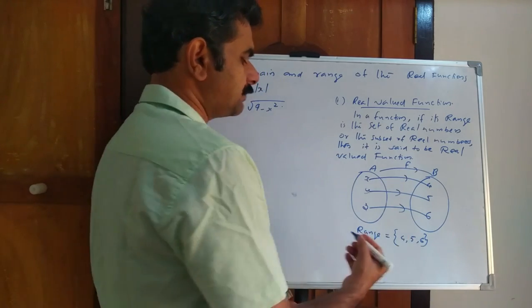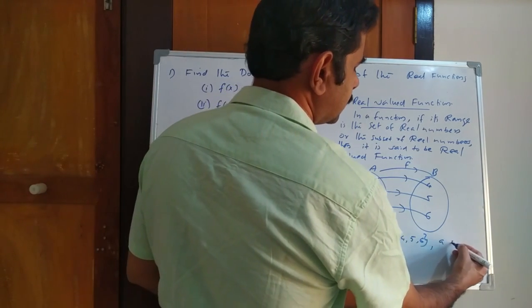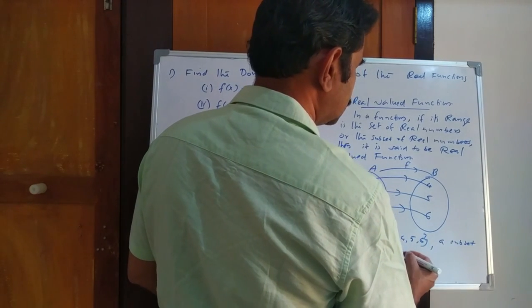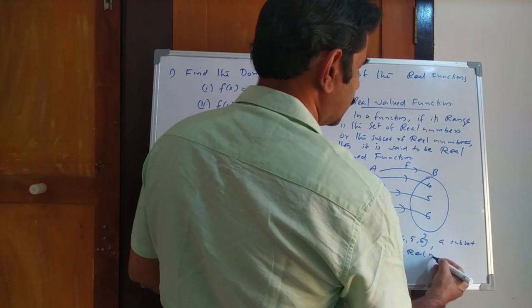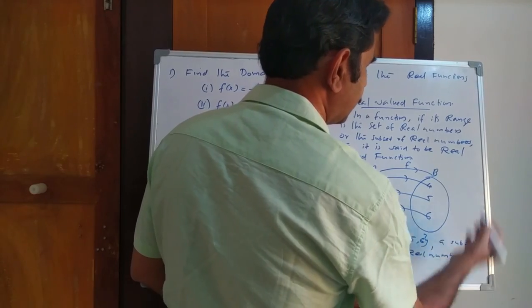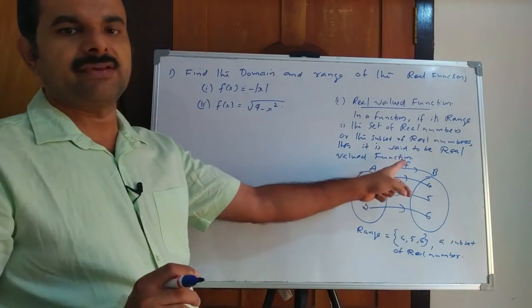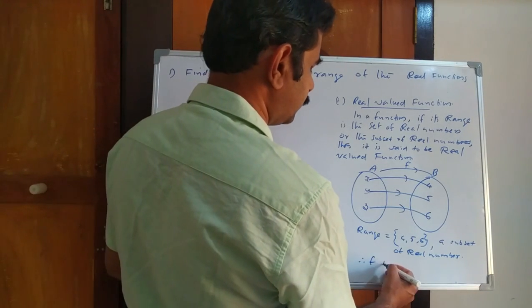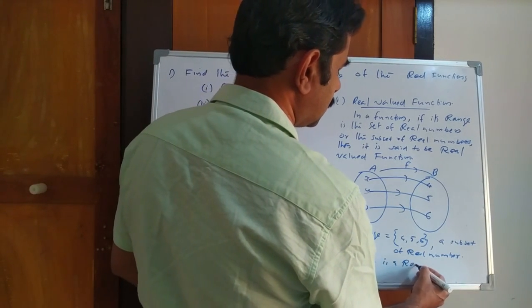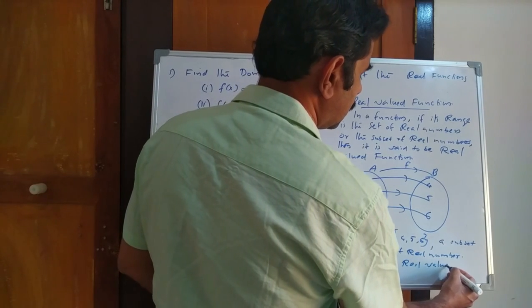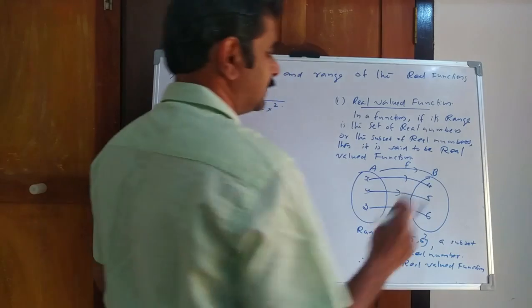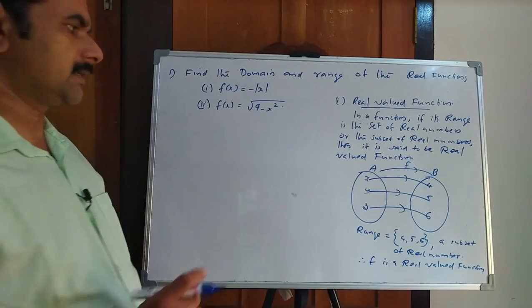Here it is a subset of real numbers, isn't it? Therefore, f is a real valued function. That is a real valued function.